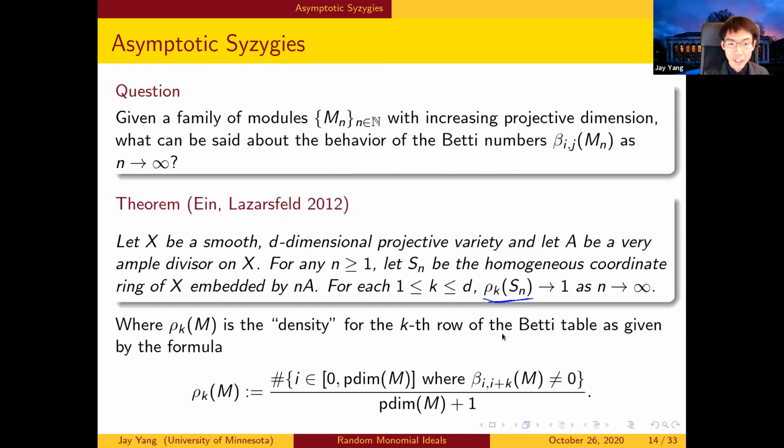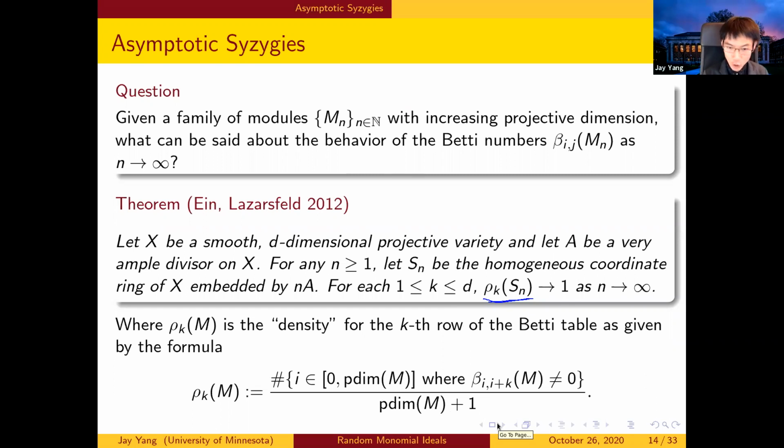In the limit, this rho sub k represents the density of the kth row of the Betti table: the number of non-zero Betti entries in that row divided by the projective dimension plus 1, to deal with the off by 1. This number actually goes to 1 as n goes to infinity.